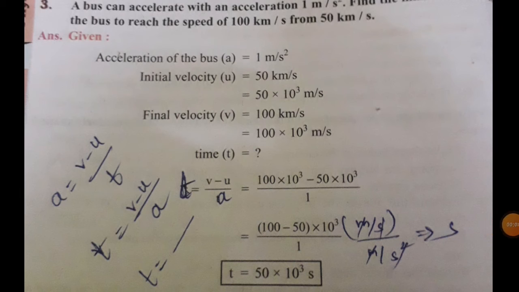So what is the formula for T here, children? T is not a direct formula. You know the acceleration formula; rearrange it and finally you get the time formula. T is equal to (V minus U) divided by A. Now you have to substitute the values.